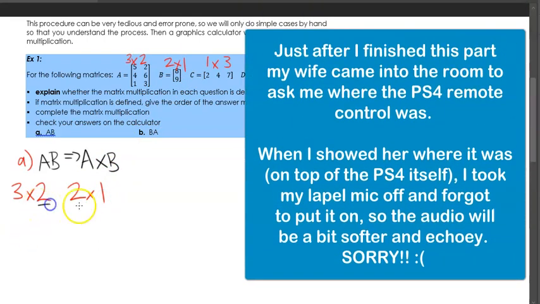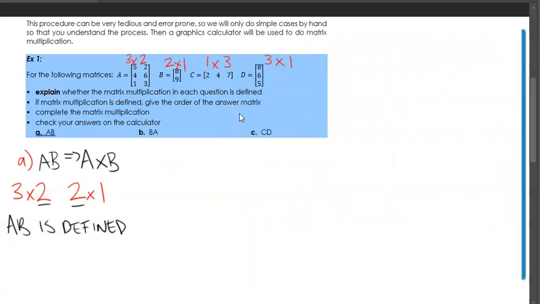Because the two internal numbers are the same, matrix AB is defined. We can do this. We can apply these what seem to be arbitrary rules of matrix multiplication, and we can define it, so we can get an answer from this. Now that we know that AB is defined, we're going to see what the order of the answer matrix will be.